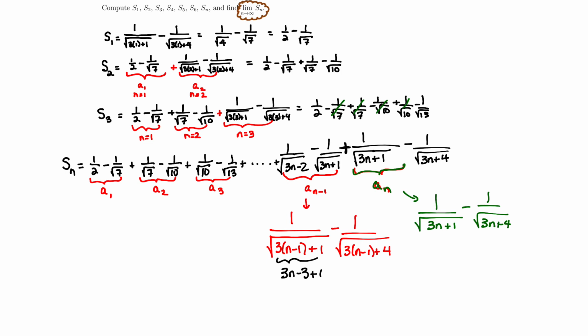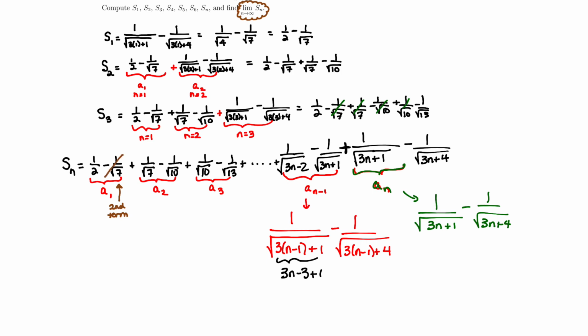I'm going to stop for a sec. Telescope it down. But when you telescope it down, be very careful. I want you to note a couple things. I want you to note positions. This is the first guy that cancels, happens to be minus 1 over the square root of 7.